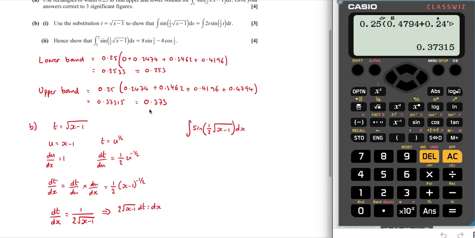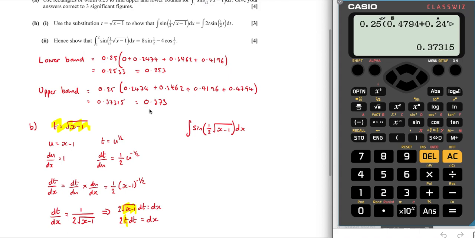And if you remember, we were given the substitution that root x minus 1 is t, so 2t dt is dx, because if we compare those two statements, we can make that substitution down in there.